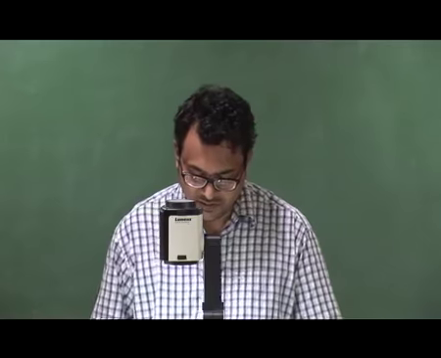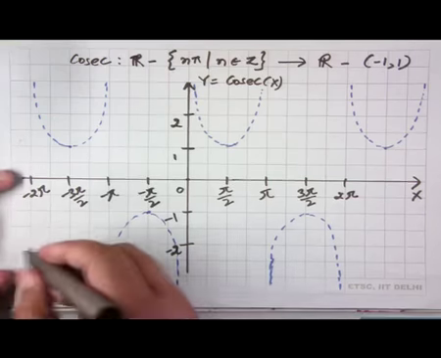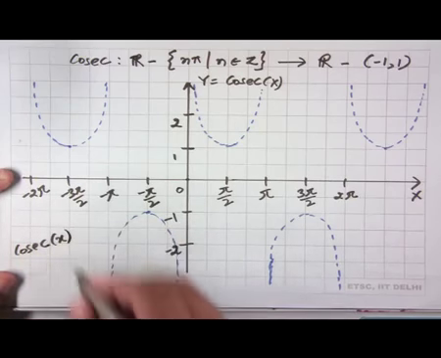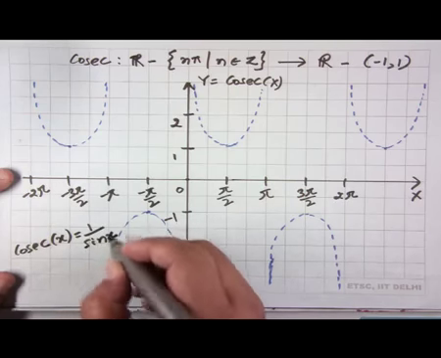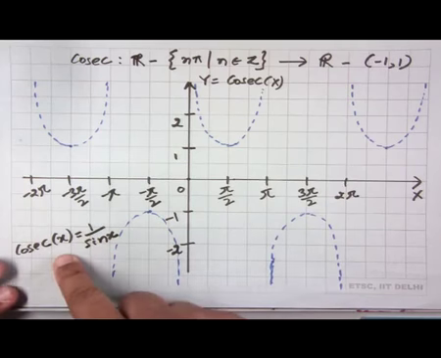The next function is the cosecant function. The cosecant function, cosecant of x, is, as we know, defined as 1 over sine of x, and it is also a periodic trigonometric function.